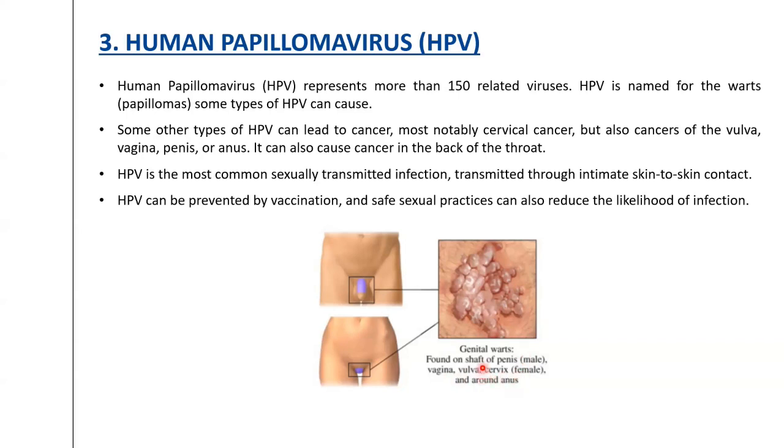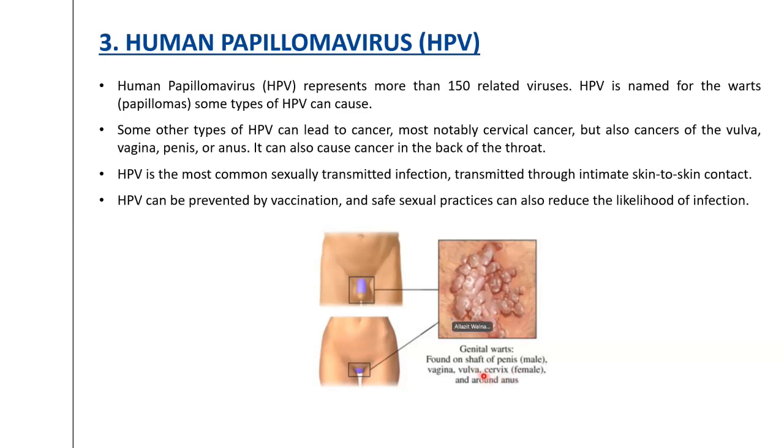And if we talk about the cervix, it can cause cervical polyps or growth on the surface of the cervix. Cervix is basically, if I draw a uterus here like this, the junction between the uterus and the vagina is called the cervix.